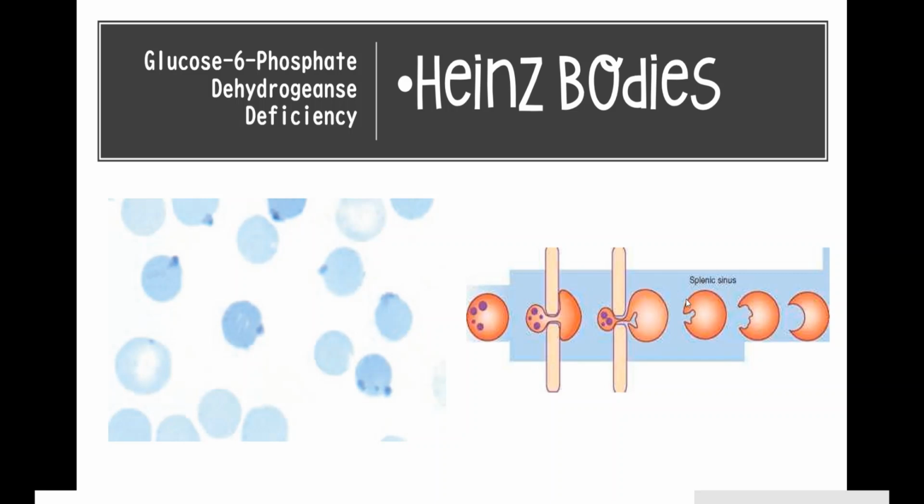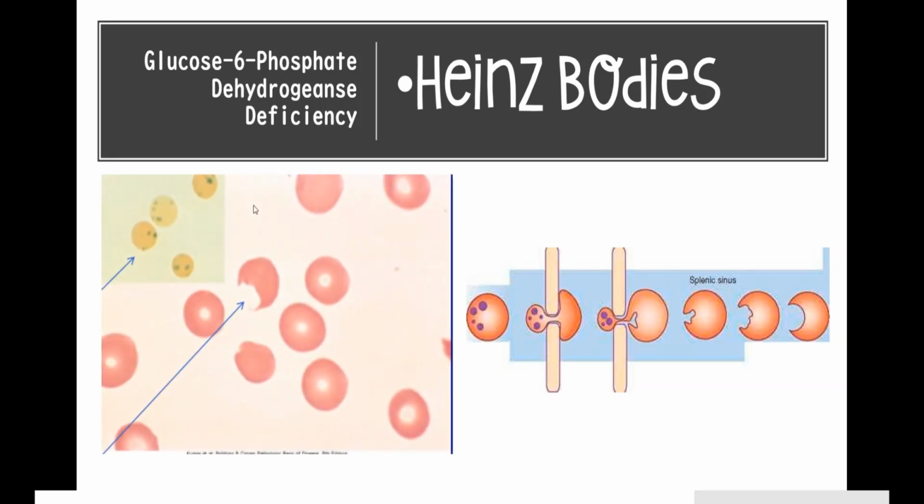Now, this cell has a portion that is bitten, right? This cell is what we call a bite cell because they really look like they have been bitten, right? So these bite cells look like this when stained with Wright stain.